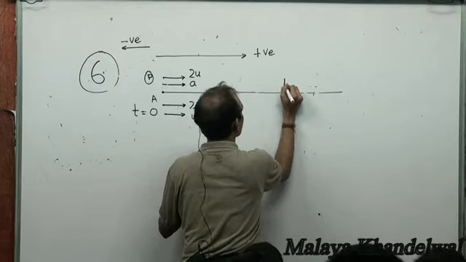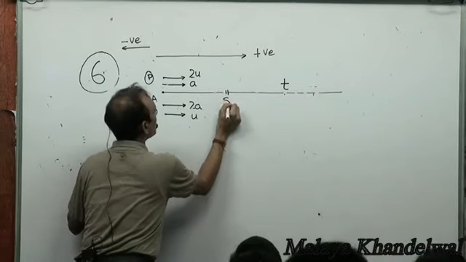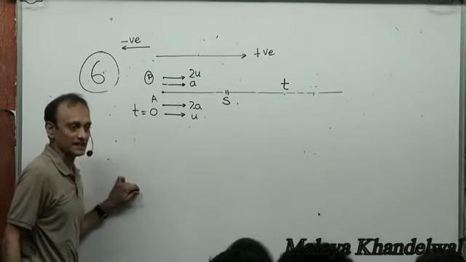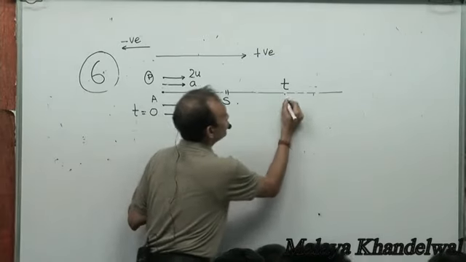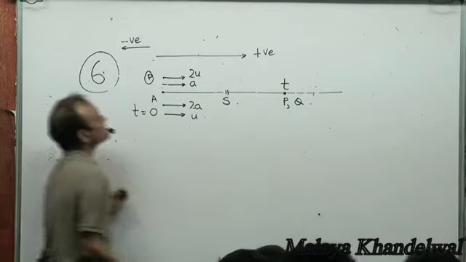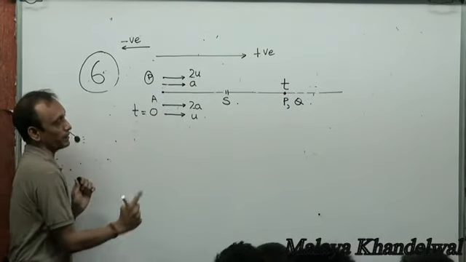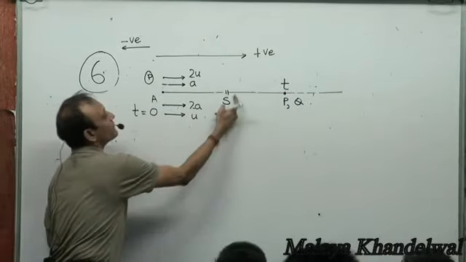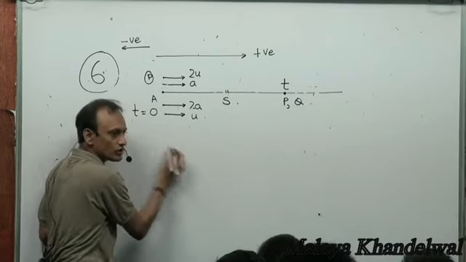Say at an instant of time t, both P and Q undergo the same displacement S. P and Q once again meet at this point t seconds from A. That means t seconds from A, they must have undergone the same displacement S to the right.